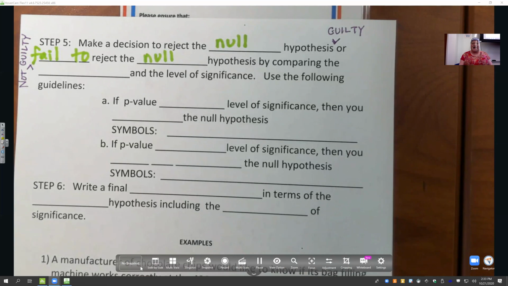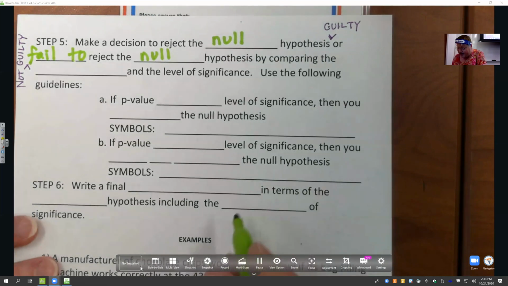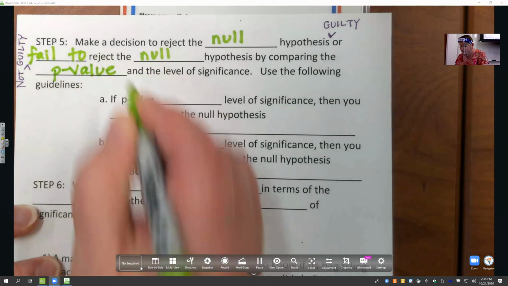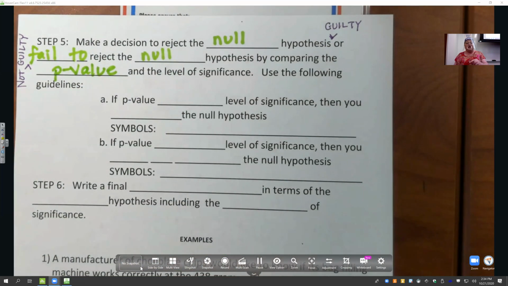The way we decide whether to reject or fail to reject is we compare the p-value to the level of significance. Now remember, the level of significance is given to you in the problem. The p-value will be calculated by Minitab, and then we're going to compare the two using the following guidelines.